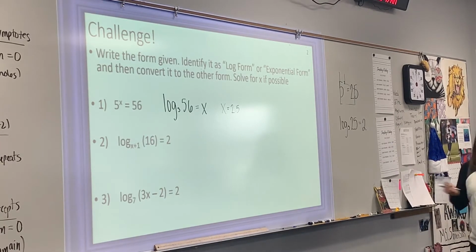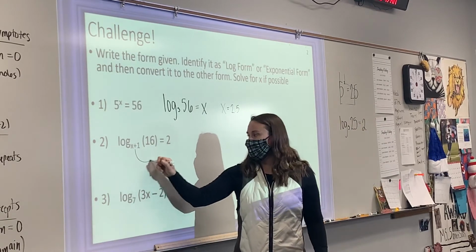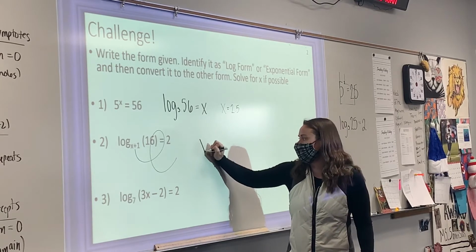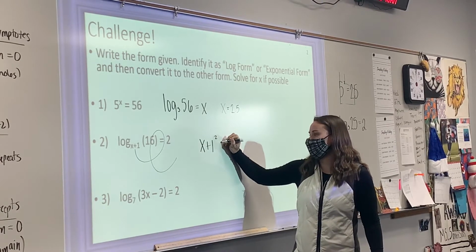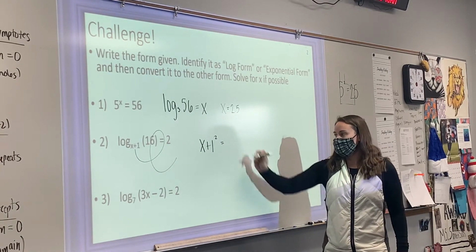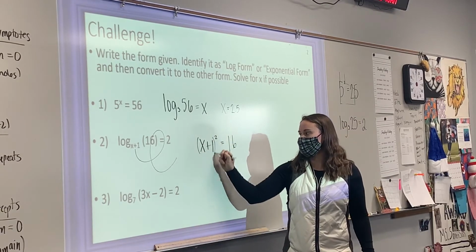All right, this next one, we're going to go from a log to an exponential equation. So I'm going to go something like this. So this says log base x plus 1 of 16 equals 2, and I should have the x plus 1 in parentheses.